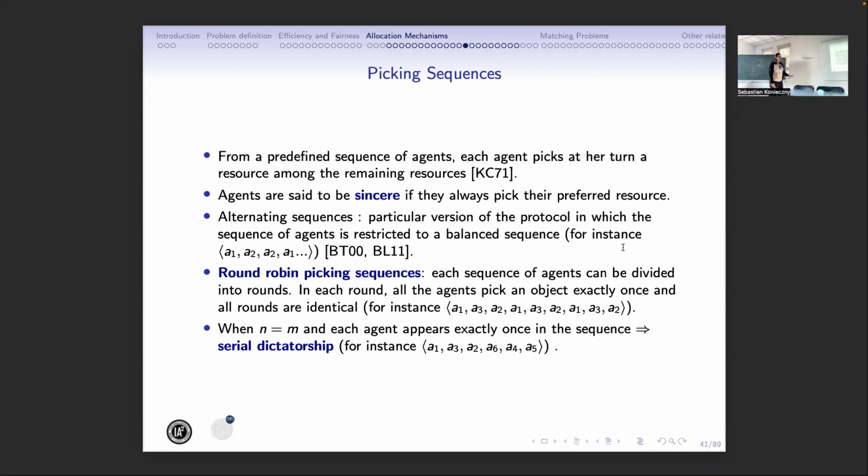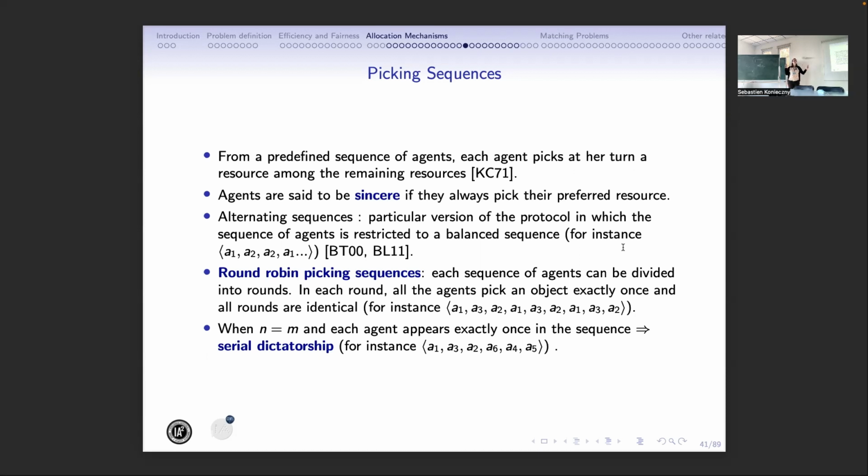Then the agents will pick a resource at their turn. So you give an ordering of a sequence of agents, and each agent picks a resource among the remaining resources. It's like what you do when you make teams at sports in college or lycée.